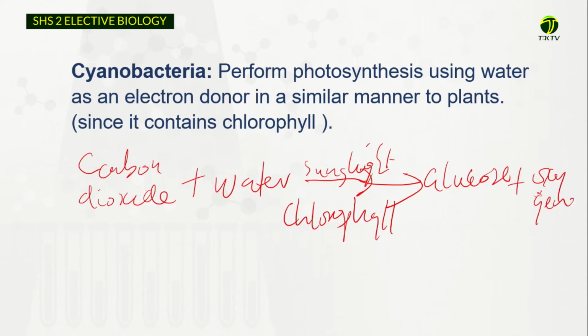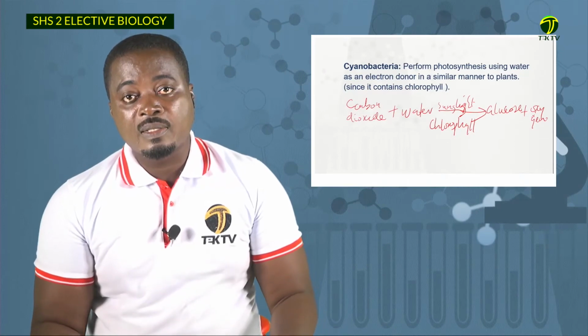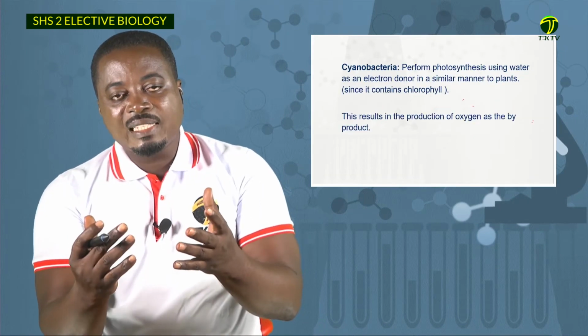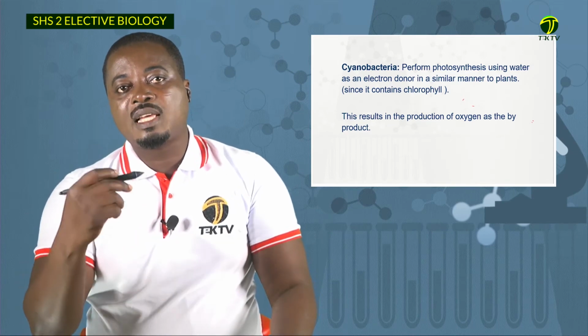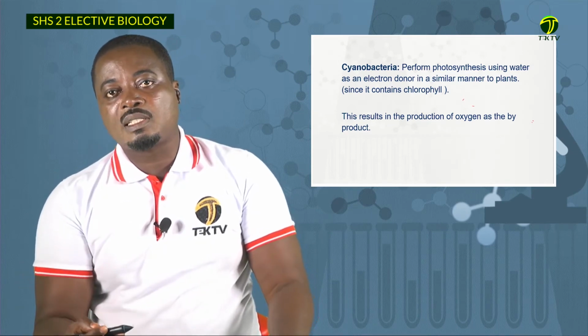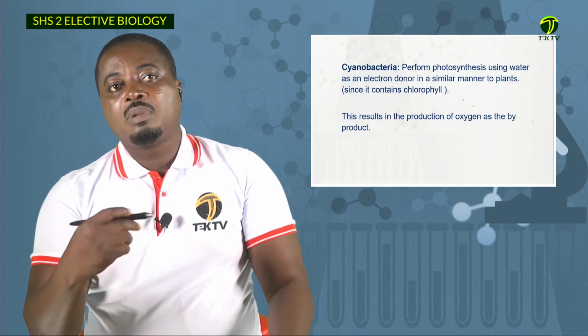In this situation, cyanobacteria do the same thing because they also contain chlorophyll, which normally happens in plants. So the result is the production of oxygen as the byproduct. I've already given you that. So basically, your cyanobacteria are undergoing the normal photosynthesis that plants do.